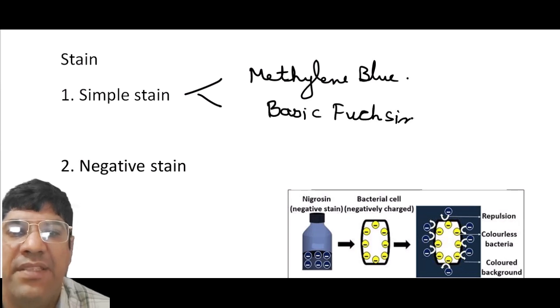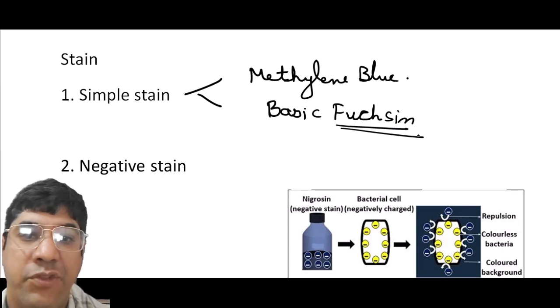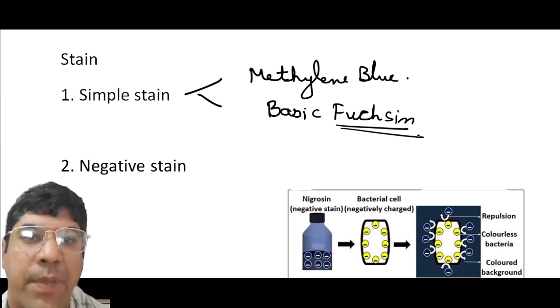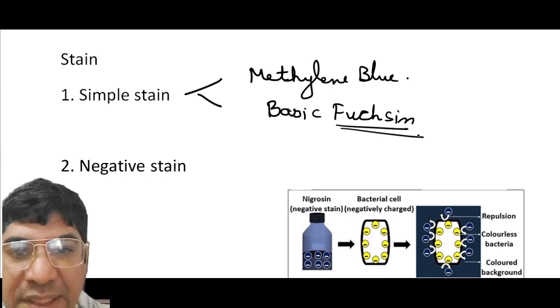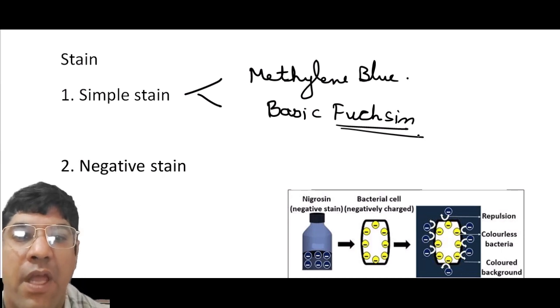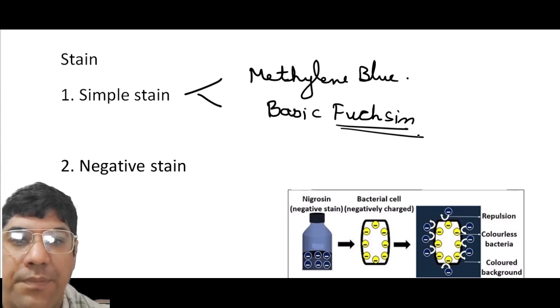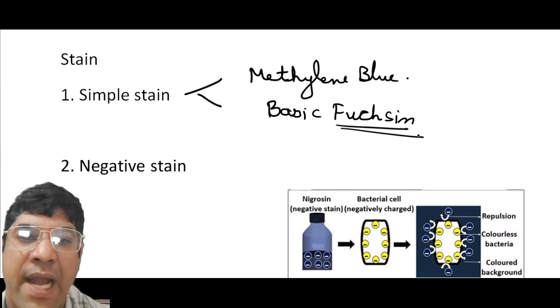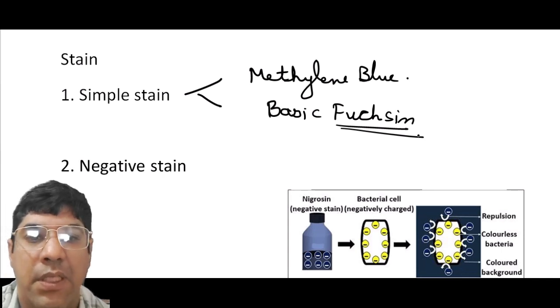So simple stains involve a single dye like the methylene blue or the basic fuchsin to stain all the bacteria in the sample. So this imparts the same color to all the bacterial cells, providing contrast for visualizing the cell morphology and the structure. So methylene blue and basic fuchsin are the most commonly used stains in microbiology.